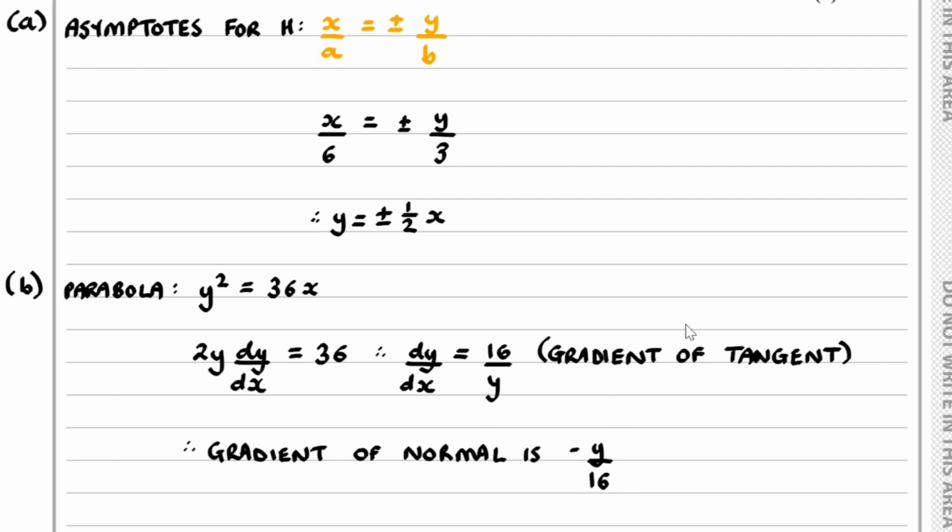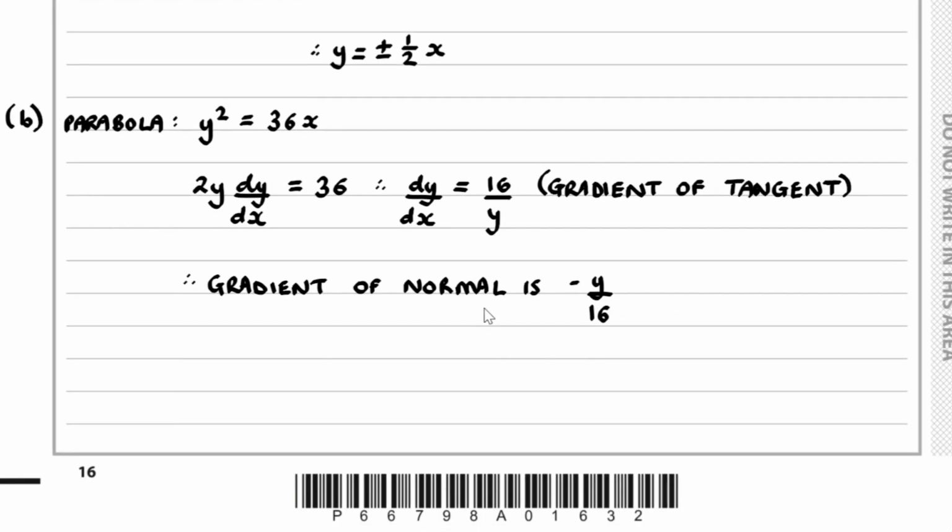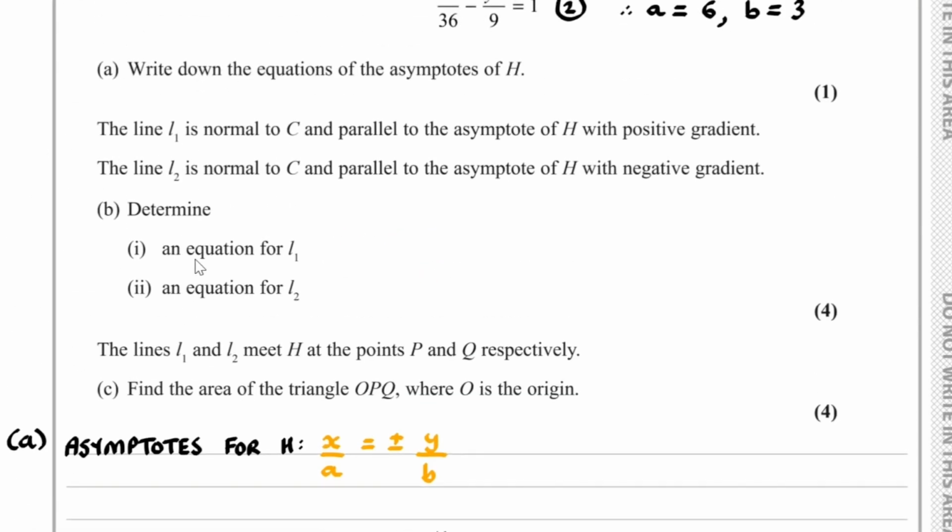Now, what we can do is find out the gradient of L1 and L2. We know L1 is parallel to the asymptote of H with positive gradient.